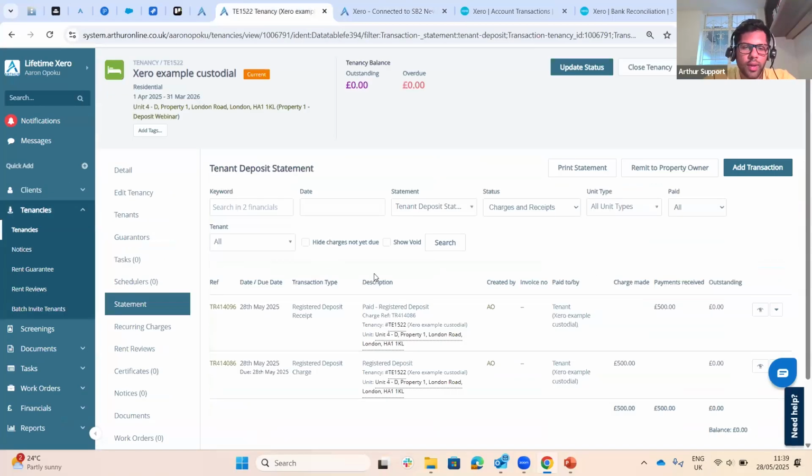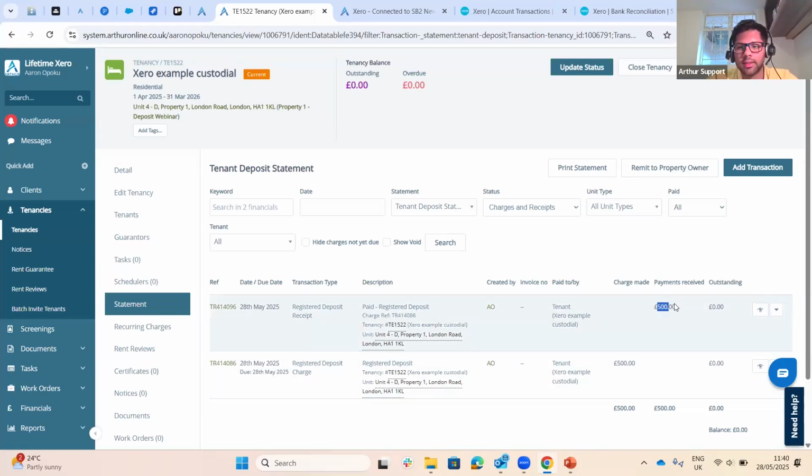If we go back to the start of the tenancy, this is an example where we're repeating the custodial scheme, but showing how everything goes across to Xero. At the start of the tenancy, and even for insured scheme, the first step is the same. As we discussed, you would first raise your registered deposit charge of £500.